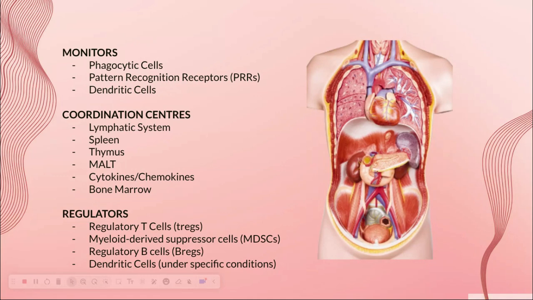And beyond physical structures, soluble molecules like cytokines and chemokines play a crucial role in coordination by acting as chemical messengers. Cytokines amplify and guide immune cell activities, while chemokines direct immune cells to infection sites.